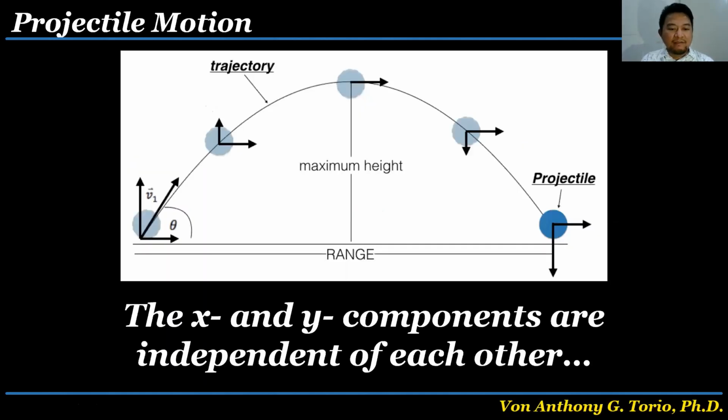Notice again that the X and Y components of motion of a projectile are independent of each other. That means that the motion of the projectile along the horizontal is not affected by the motion of the projectile along the other component.